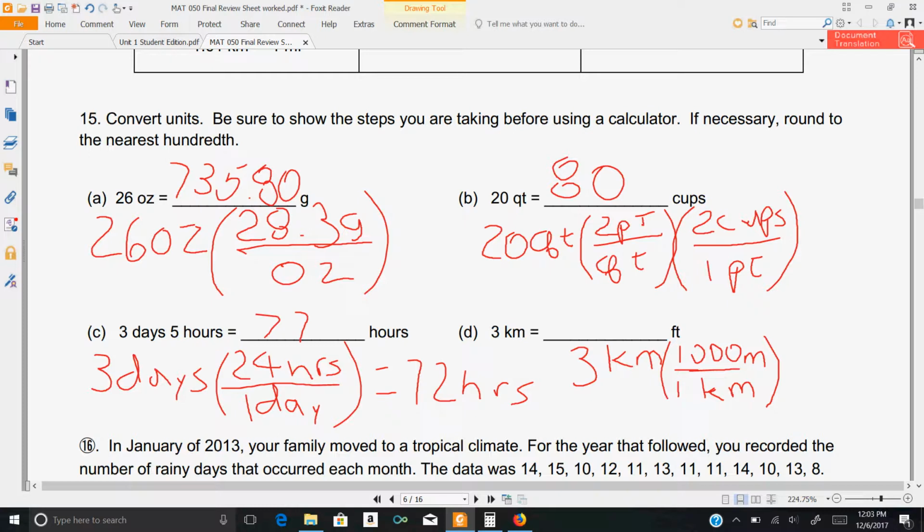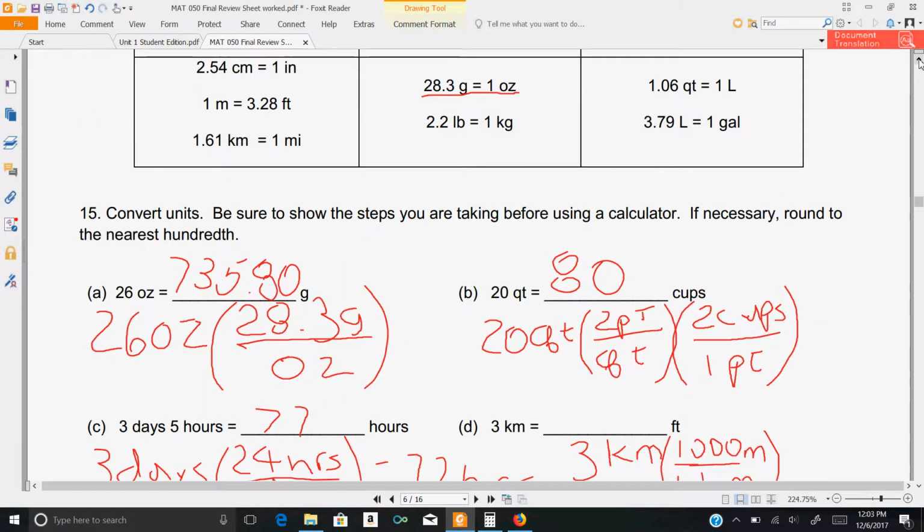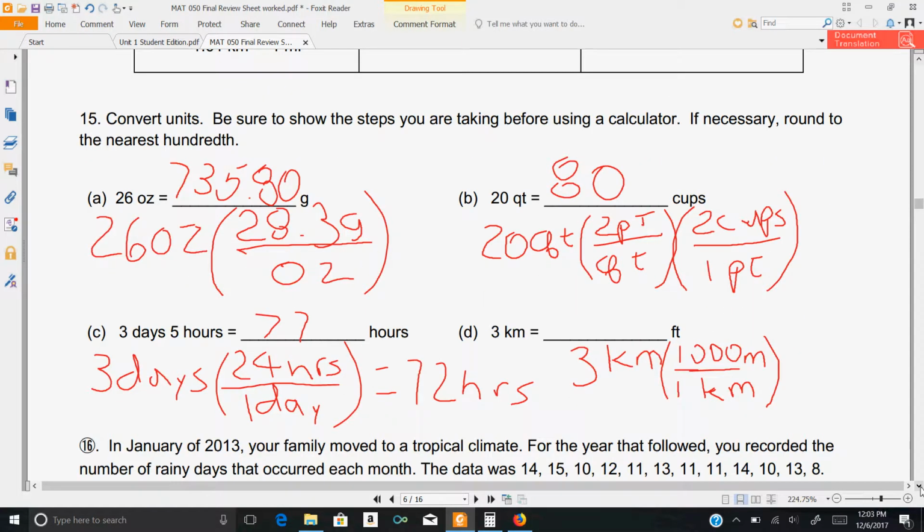Now I'm going to change meters to feet, and I'll go back up here, and I will see that there are 3.28 feet per meter. So I'm going to multiply by 3.28 feet per 1 meter.